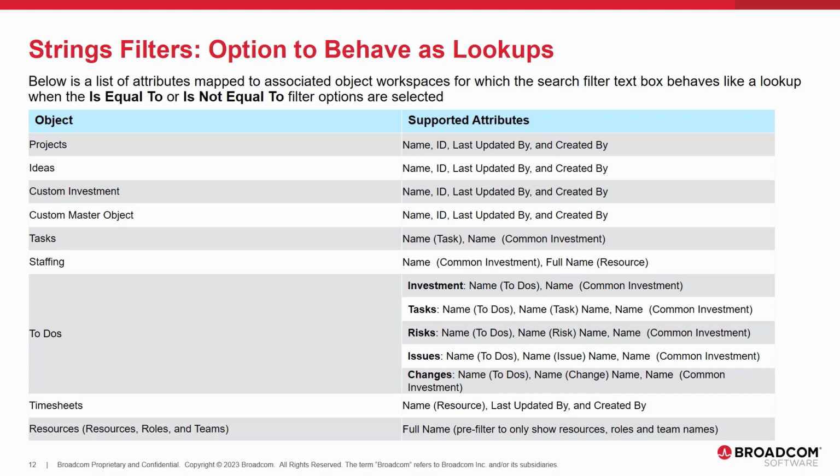It would be investment name and resource full name for staffing. It would be to-dos name and risk or issues or changes or tasks name and common investment name for to-dos. It would be resource name, last updated by and created by for timesheets, and resource full name for resources, roles and teams.